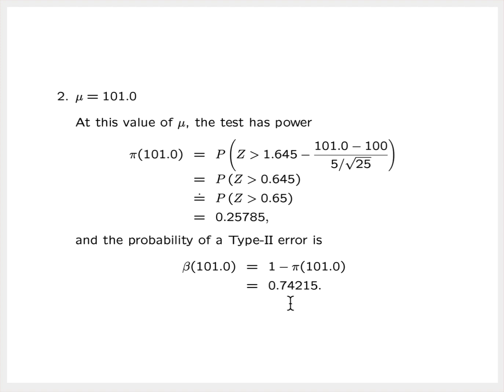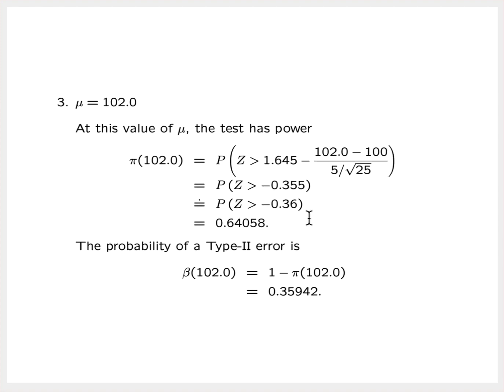And so that probability of a type 2 error is 0.74215. So we still don't have a very large likelihood of rejecting the null hypothesis when mu is equal to 101.